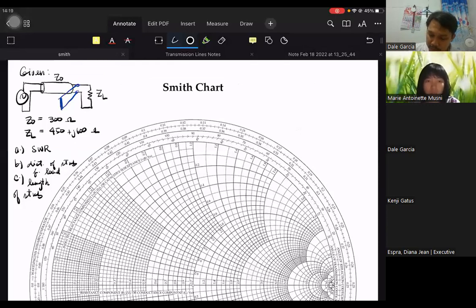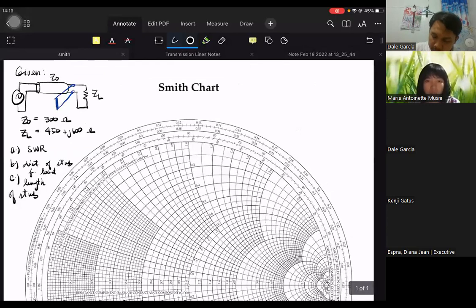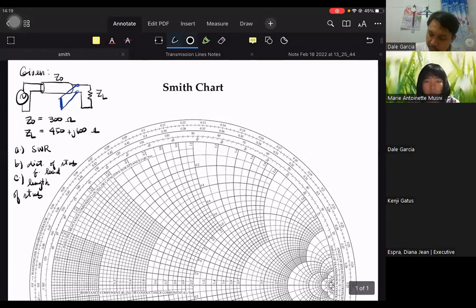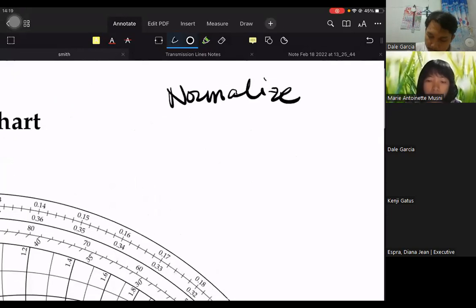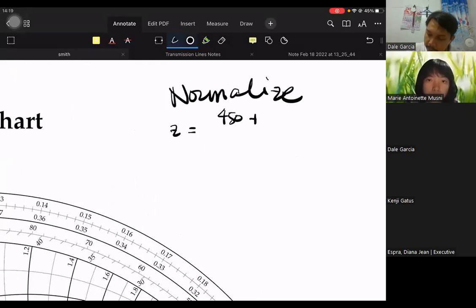So ang given is 300, so 450 divided by 300. So first is normalize. That is 1.5.